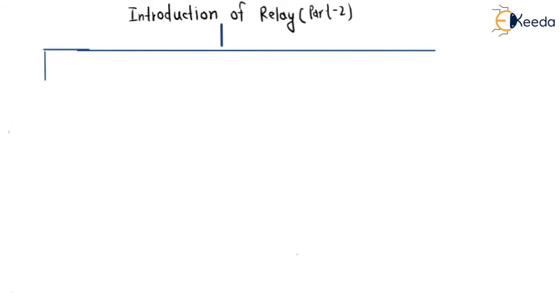So this time, relay is classified based on functional characteristic. If it is classified based on functional characteristic, then we can simply say this can be divided into two parts basically.